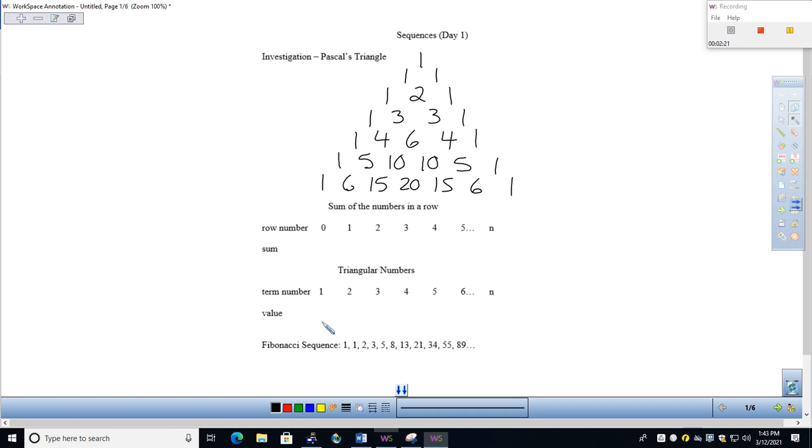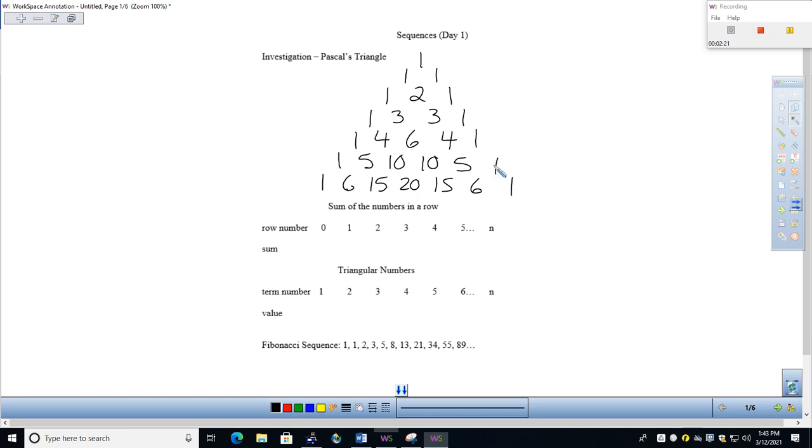All right, let's just start it out here. And by the way, you'll see context for this later on this semester, but when we talk about numbers in a row, actually this row up here is considered row 0. And this is row 1, this is row 2, this is row 3, and row 4, and row 5, etc. And again, this will gel when we start to see context for the operations that we'll be dealing with that match up with Pascal's Triangle.